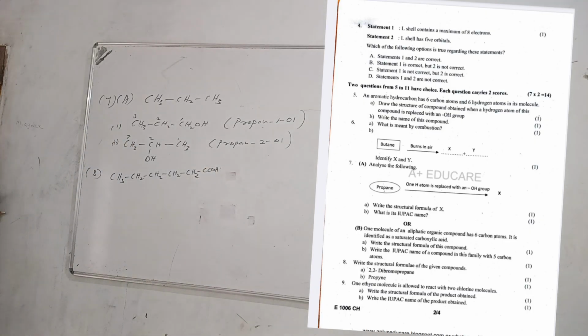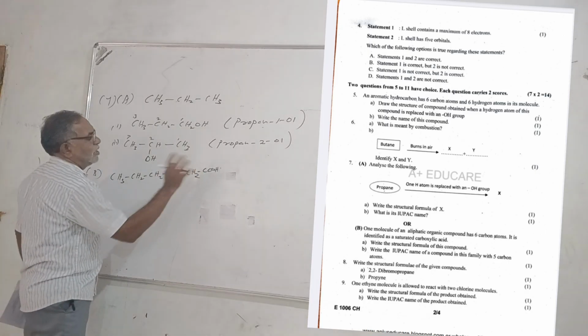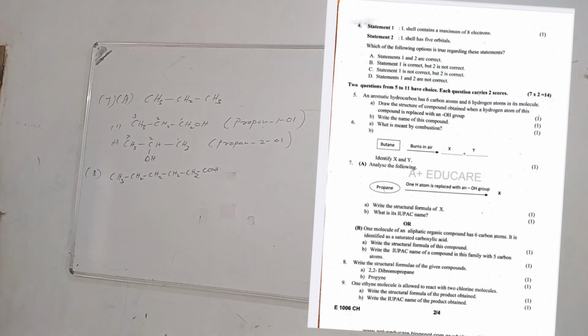This is the formula of one molecule of an aliphatic compound of 6 carbon atoms identified as a saturated carboxylic acid. Write the structural formula of this compound. So this is the structural formula. 1, 2, 3, 4, 5, 6 carbon atoms. So hexanoic acid, you can say oic acid.